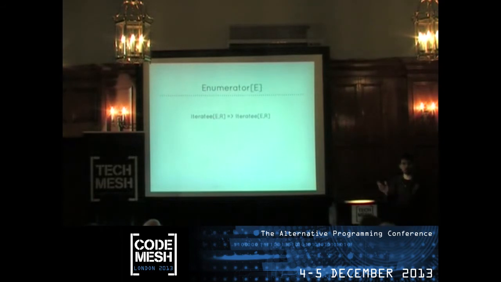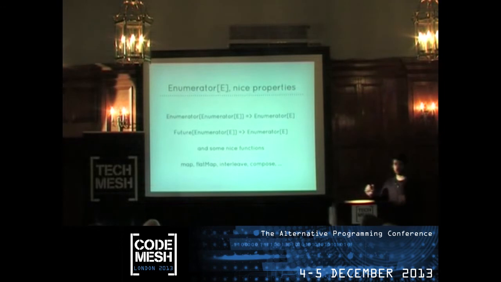Okay? Very simple. Enumerator. Now, enumerator as well has some nice properties. Well, enumerator of E basically means I'm going to enumerate chunks of type E, whatever E happens to be: strings, ints, JSON, whatever it is. And the nice properties on top of enumerator are kind of the same properties, right?